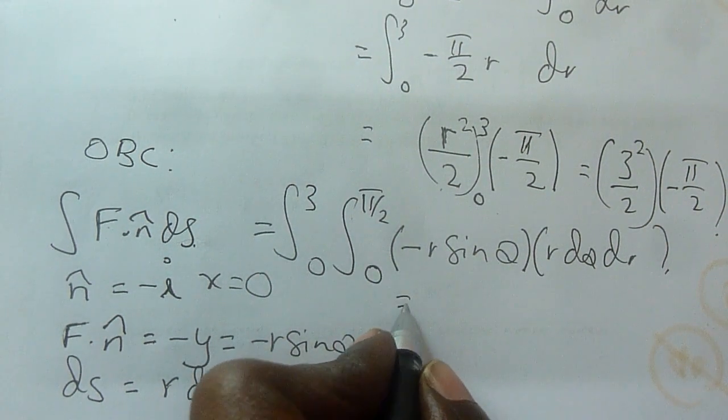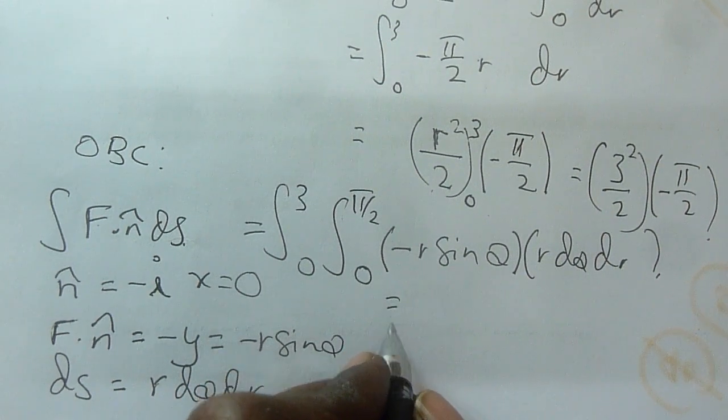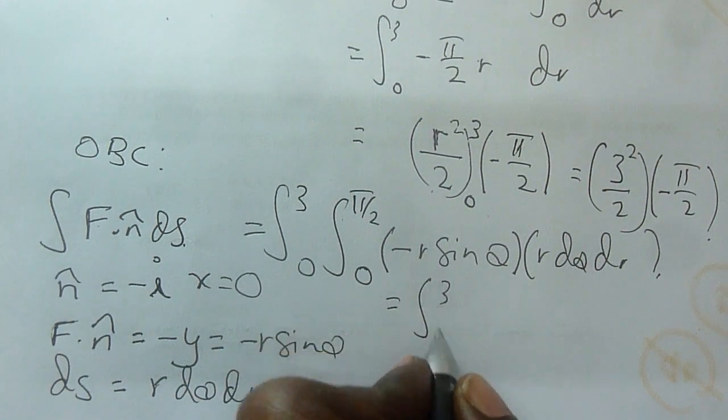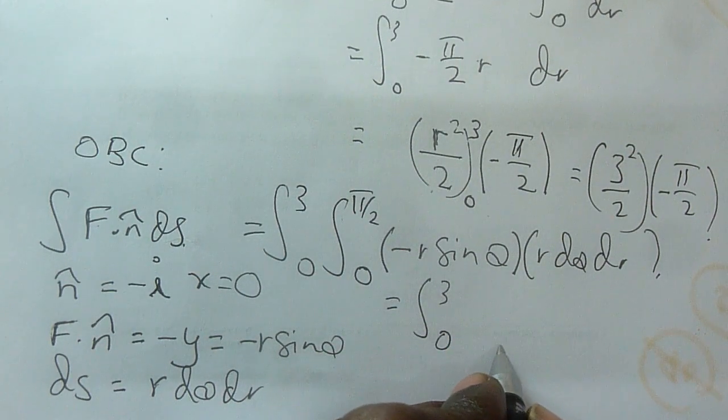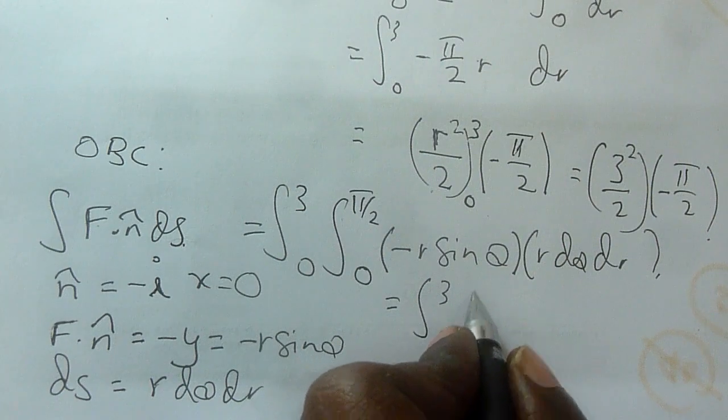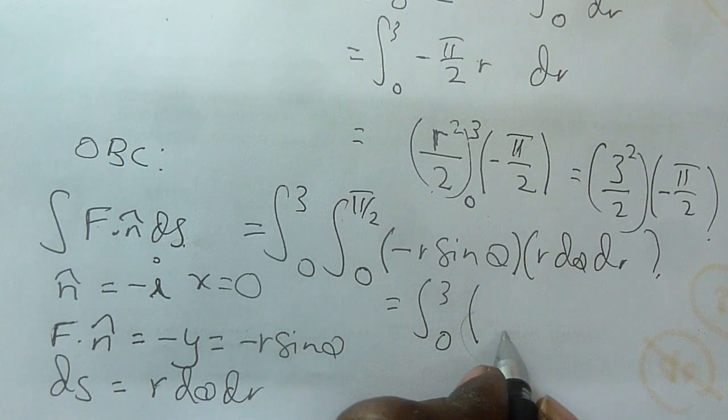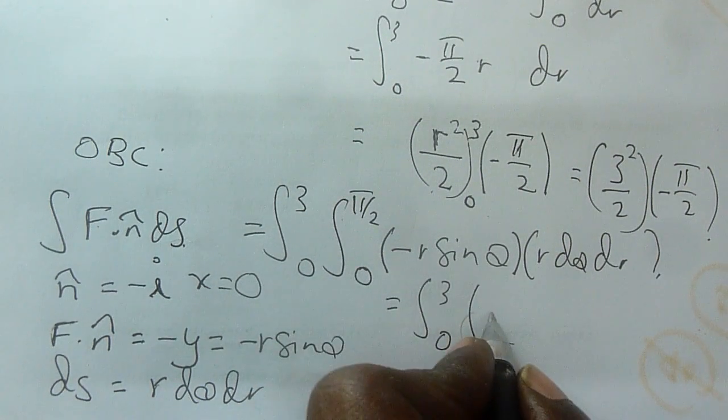Can you equate with this? Can you solve that? I hope that you can solve. After this, I know that you can solve this very well. Concentrate only on the sine part.